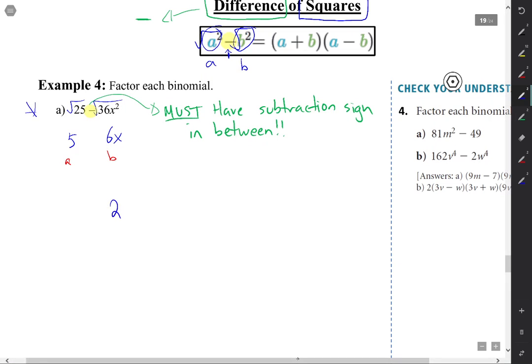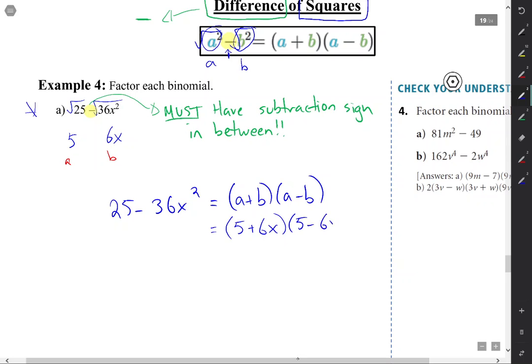So in other words, 25 minus 36x squared is equal to, well, we said our a is 5 and our b is 6x. So we're looking to put it in this form here, a plus b times a minus b, or in other words, 5 plus 6x times 5 minus 6x. And there's our final answer.